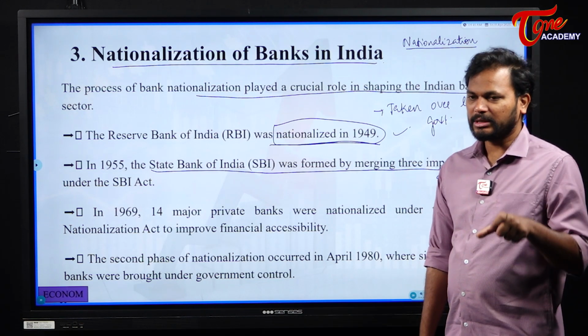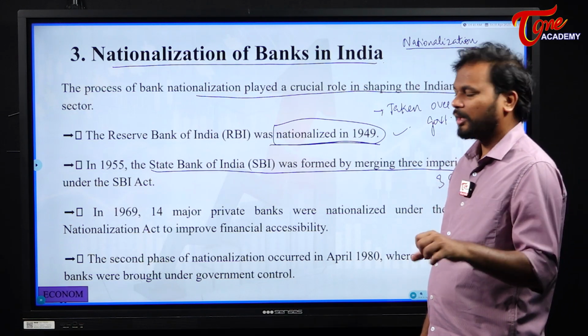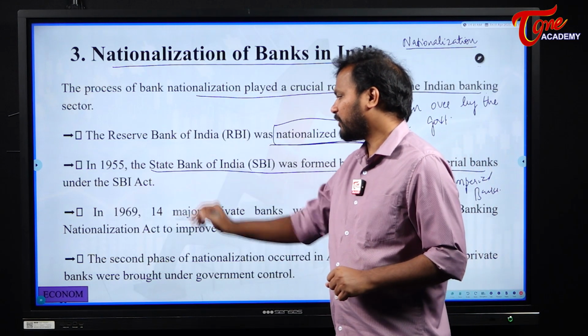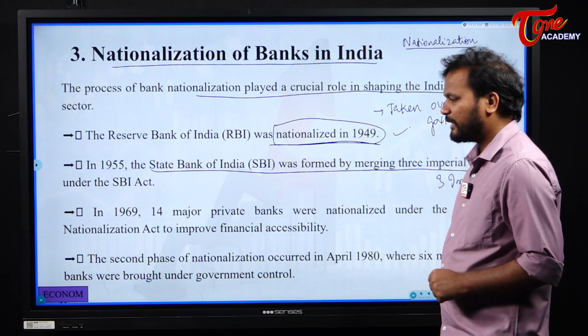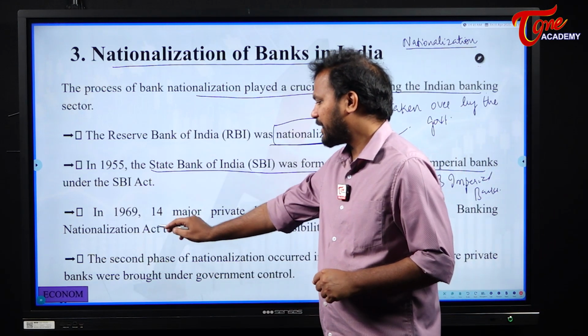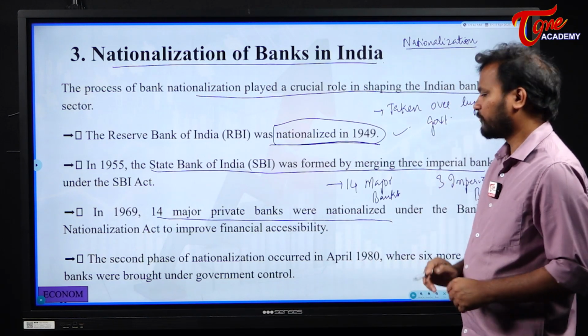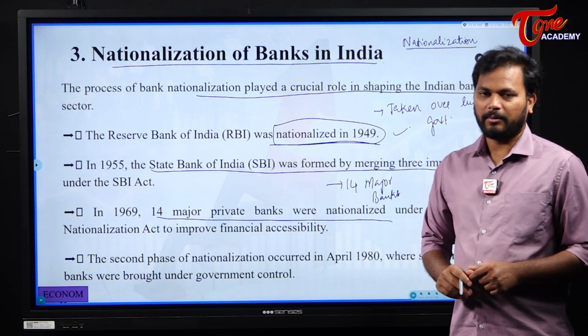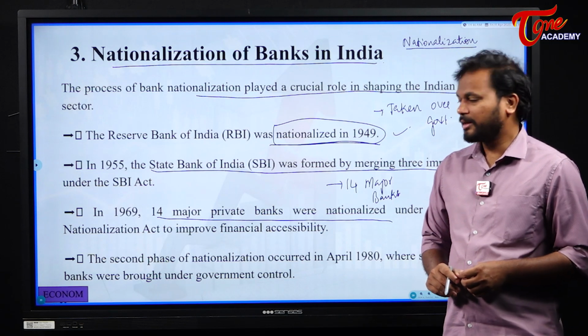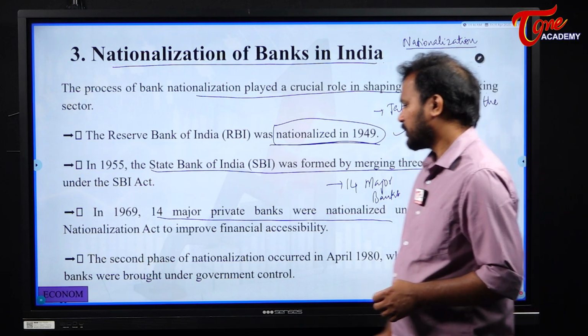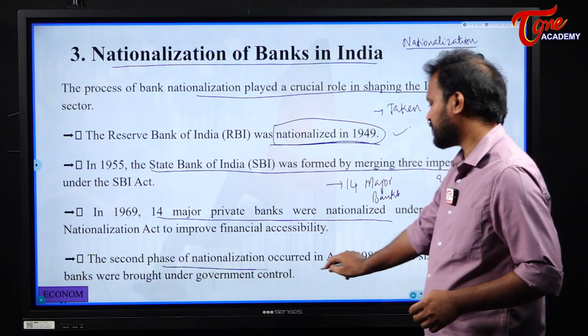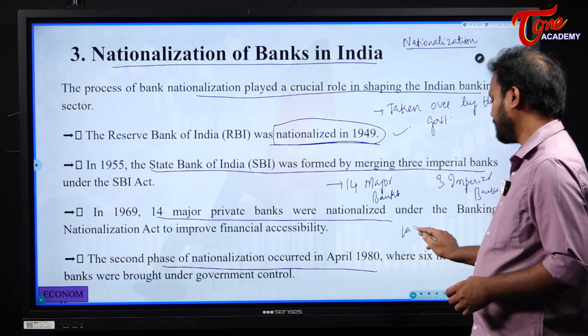And very famously, in 1969, 14 major banks were nationalized. Clear? Next, the second phase of nationalization occurred in April 1980.